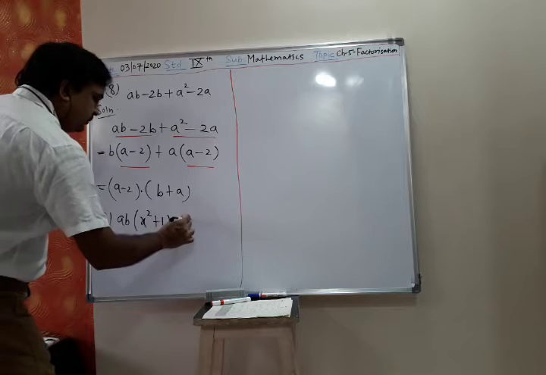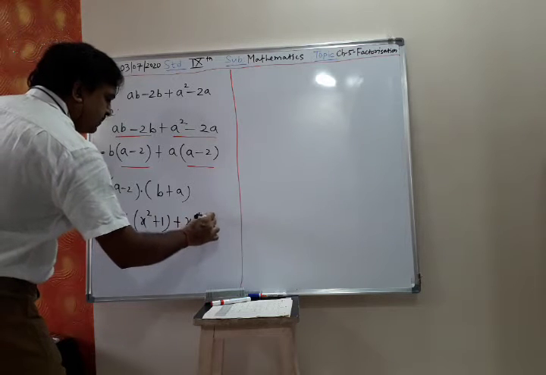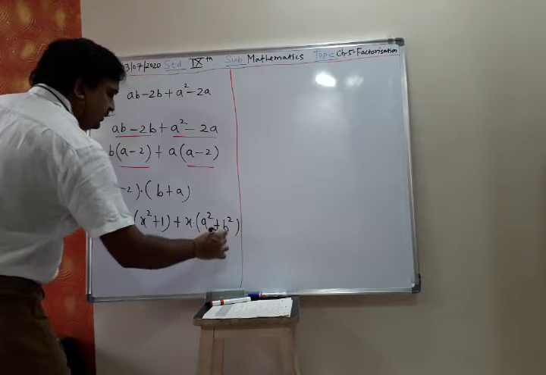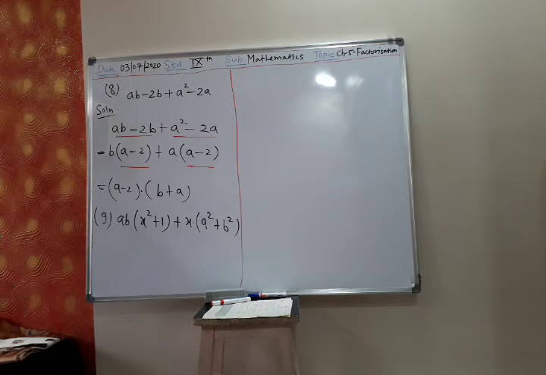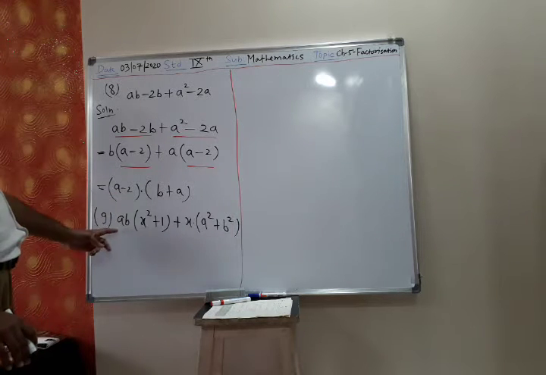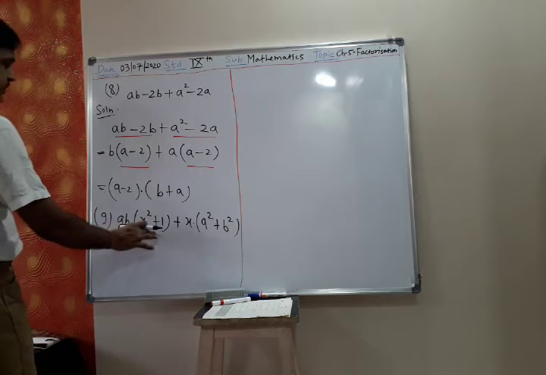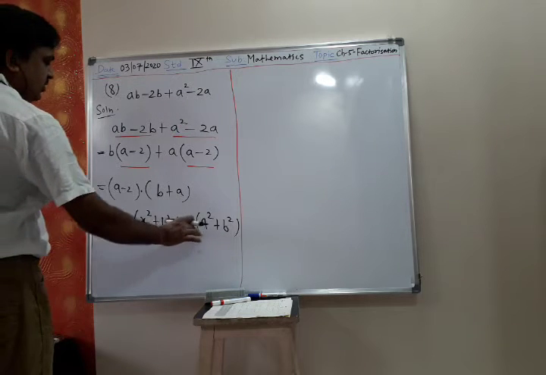plus x into A square plus B square. AB into x square plus 1, plus x into A square plus B square. We will not multiply; first we open the bracket because there is nothing common in these two.